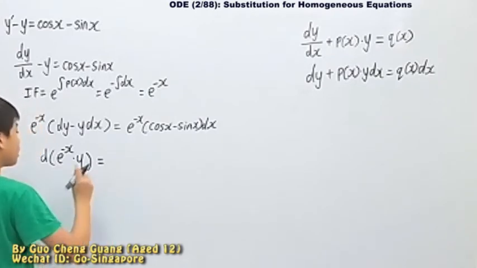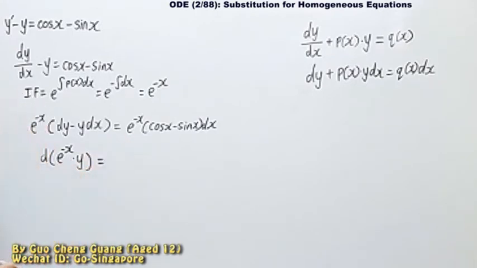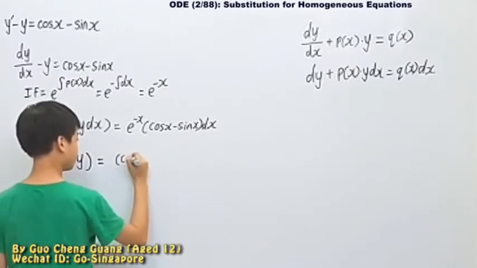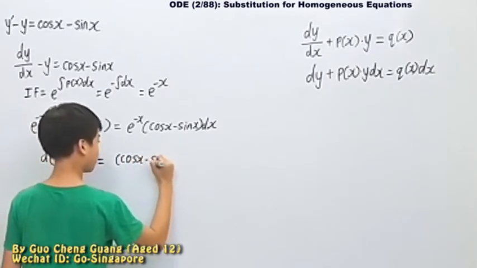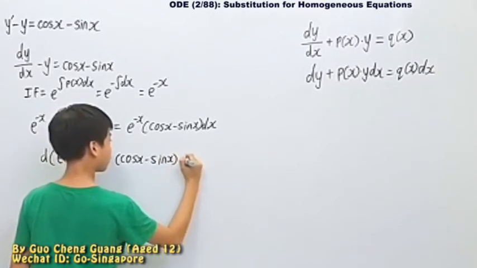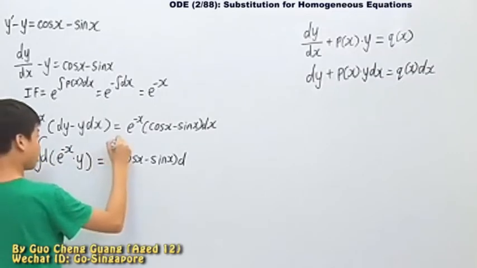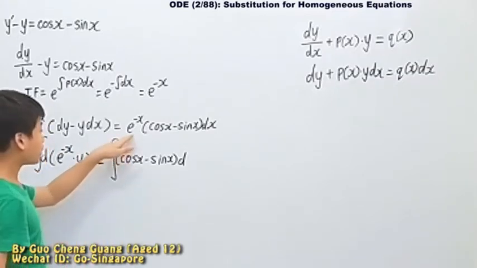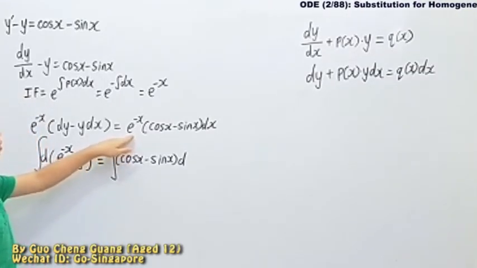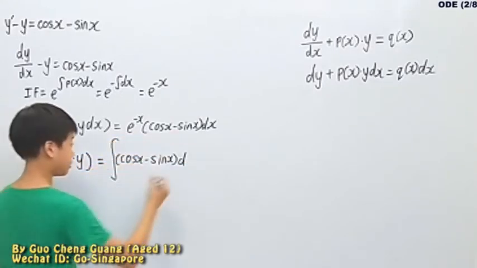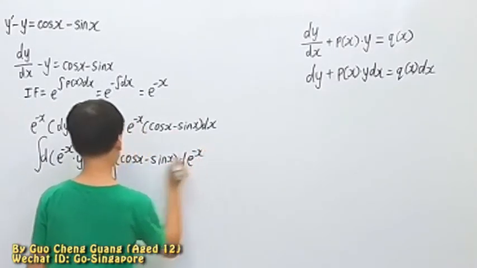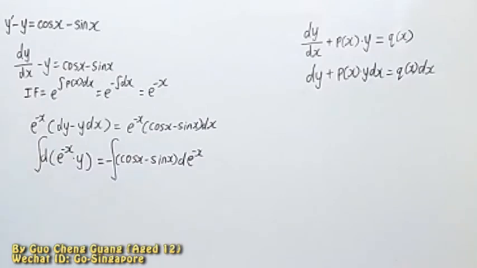Well, at this part, because after that we'll need to integrate. So when we integrate on both sides, we can put this e to the power of negative x behind. And here's a negative. Then this part, we need to take it out and solve it separately.